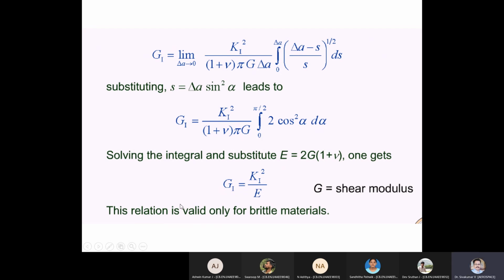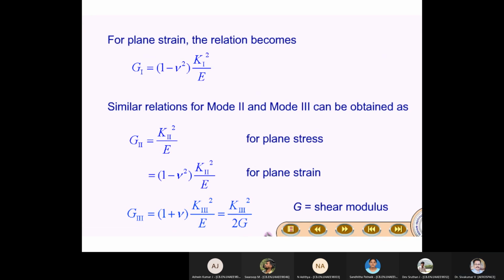But you have to be very careful. This relation is valid only for brittle materials. Suppose my model is a plane strain approach, then in the relation between G1 and K1 I need to add 1 minus mu square.